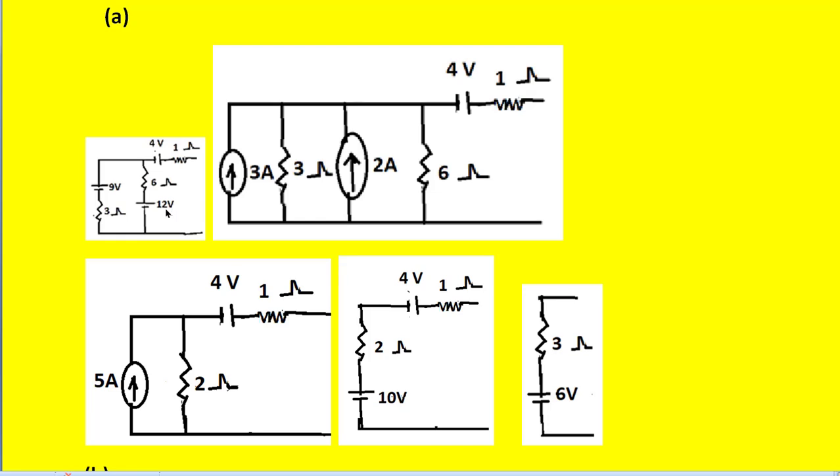Then here we have one more voltage source, 12 and 6. So 12 by 6 gives the equivalent current source magnitude, 2 amperes, because the positive polarity is at the top, so the arrow also goes up like this. So the value of current is 2 amperes.